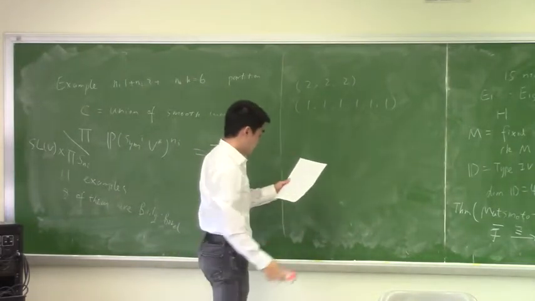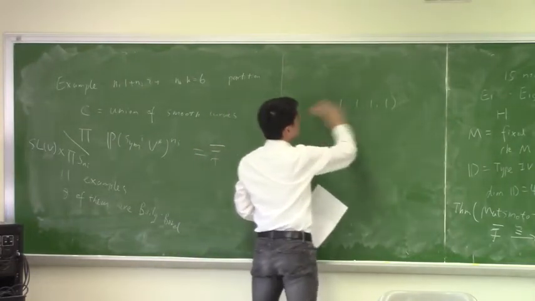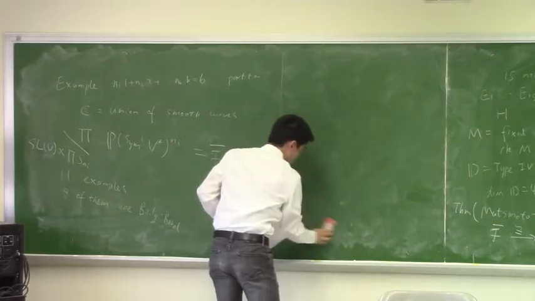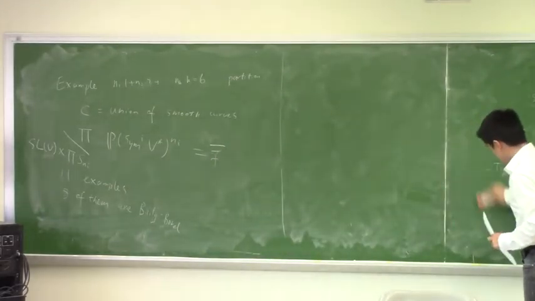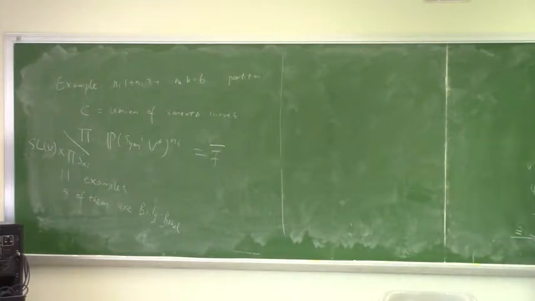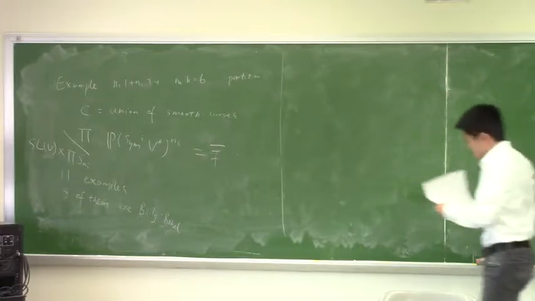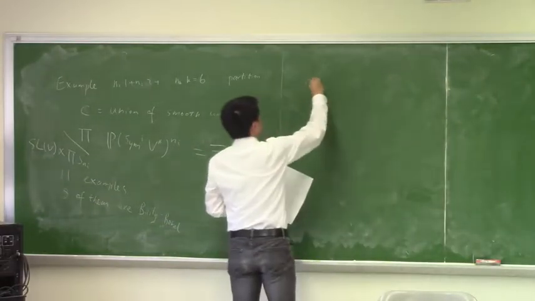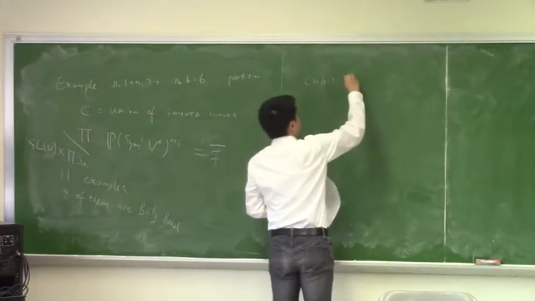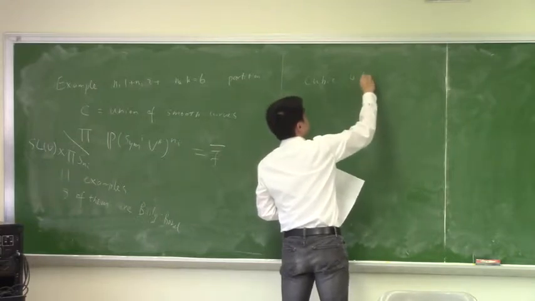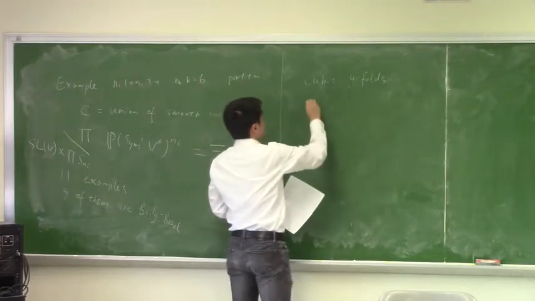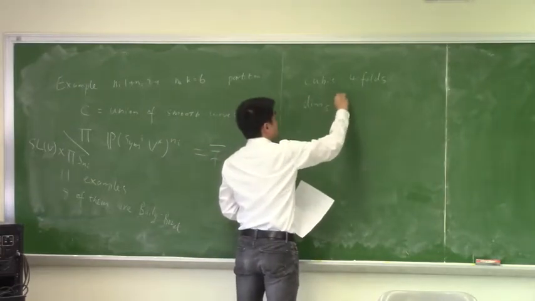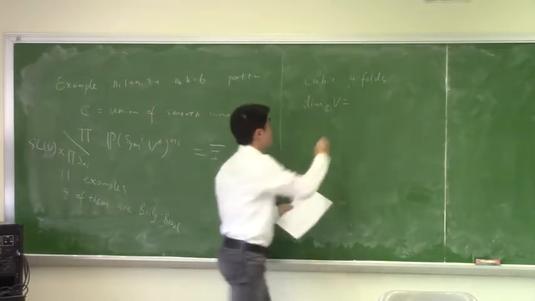So our next topic is about cubic fourfolds. The first example comes from degeneration of sextic curves or degeneration of K3 surfaces. So we can consider cubic fourfolds. So let's reset our notations here.